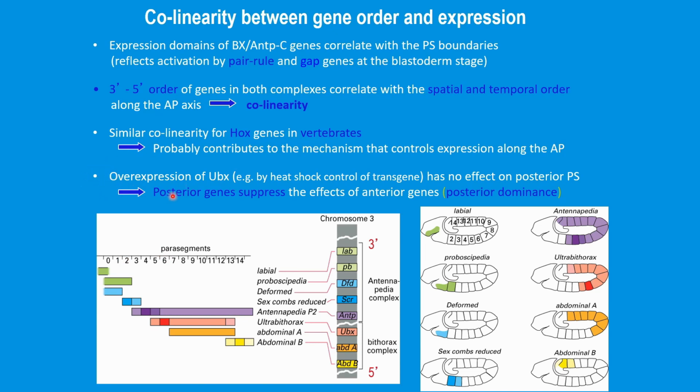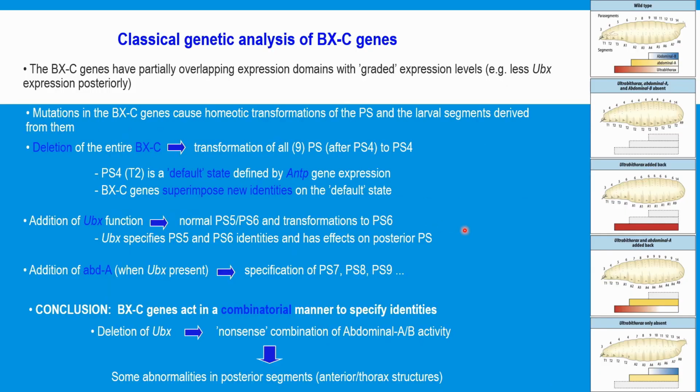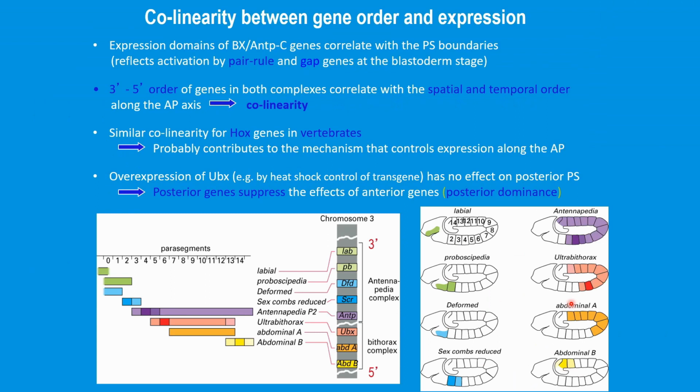Overexpression of ultrabithorax, which you remember is expressed in most of the parasegments between 4 and 13. If you express it everywhere, it doesn't transform these segments. Remember, it was required for segments 5 and 6 identity.